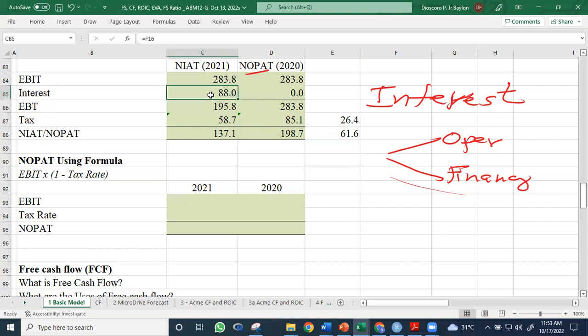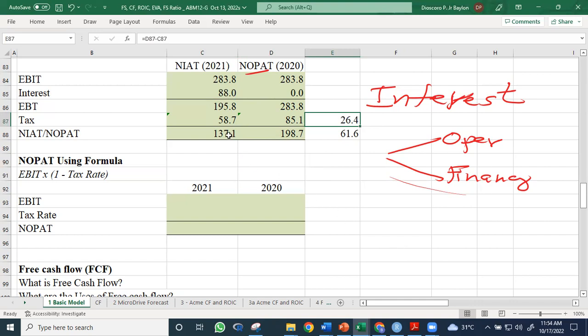Yung 88 na interest, okay, hindi siya nakita dito sa 88. Dito yung difference ng NIAT at saka ng PAT. Why? Nabawasan siya. Bakit? Ano to, class? Ano yung 26.4 na to? That is the tax savings that the company generated for the use of debt. Umutang sila, nagka-interest sila ng 88.